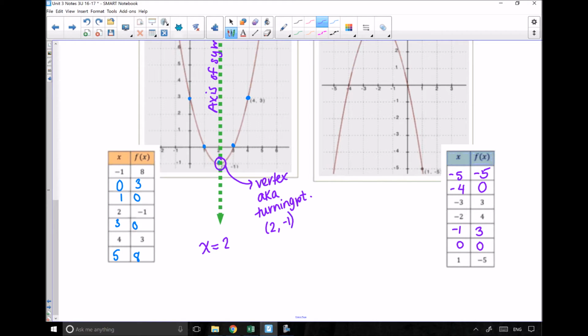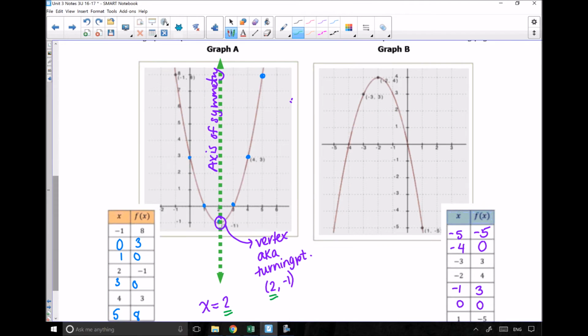Now, if you remember, it's not a coincidence that this 2 is the same value as this 2 here, because the axis of symmetry will always cut through the vertex. So they always share that x value. Okay, we also need to determine if it's a minimum or a maximum. Just by looking at it, it's the lowest point of my graph, so it's a minimum. So our vertex is going to be a minimum.